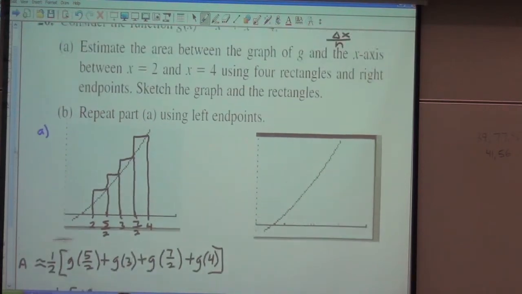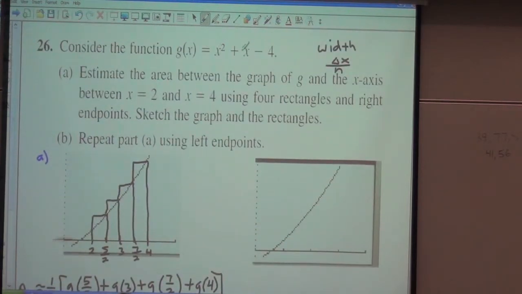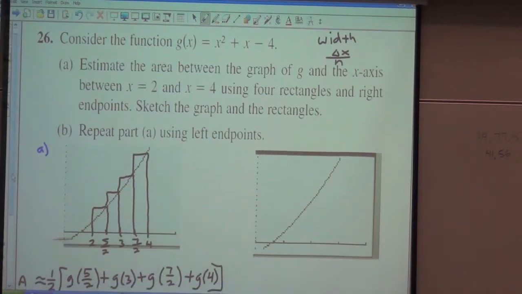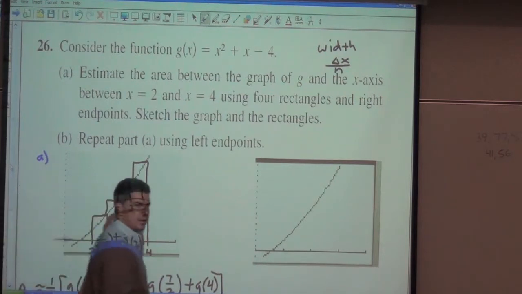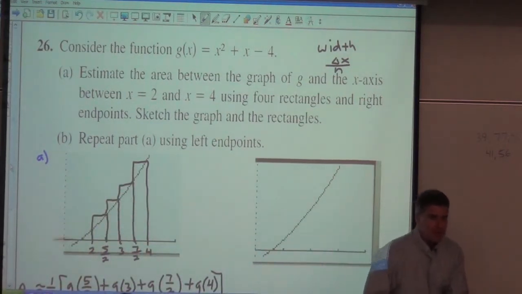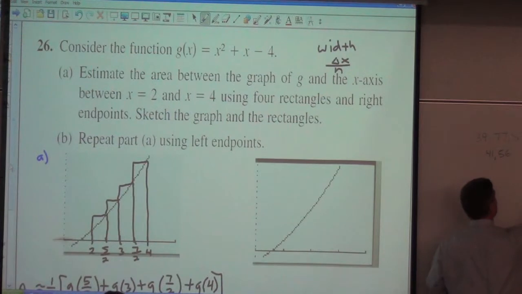Then when we do 7 halves, it would be 7 halves squared plus 7 halves minus 4. This is going to be on the next part of the test. 7 halves squared would be 49 fourths, plus 7 halves minus 4.